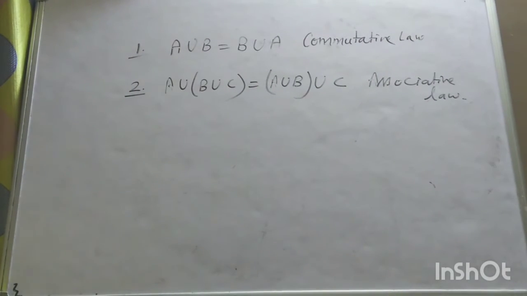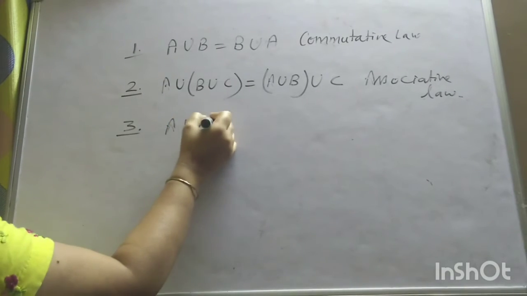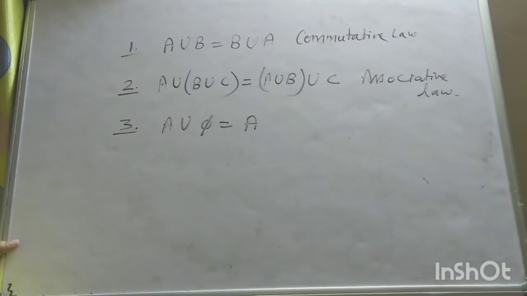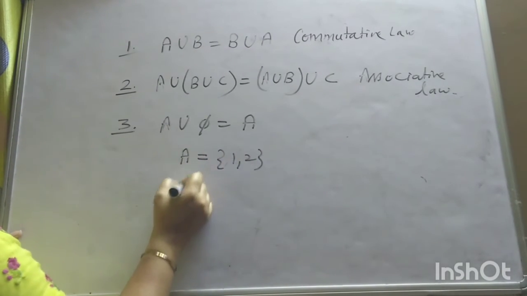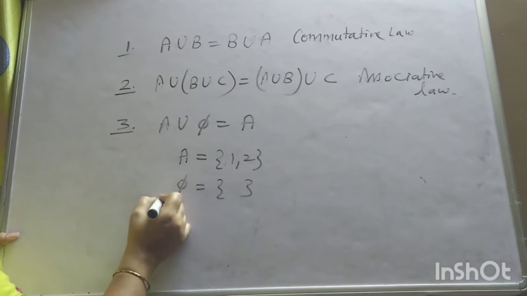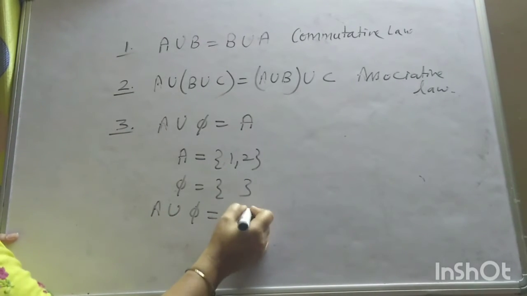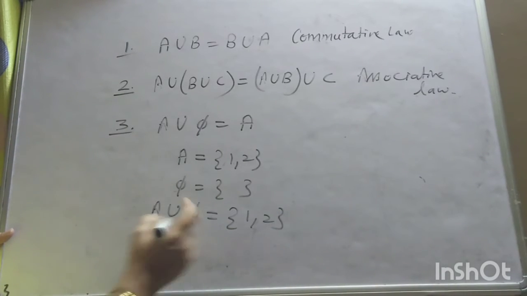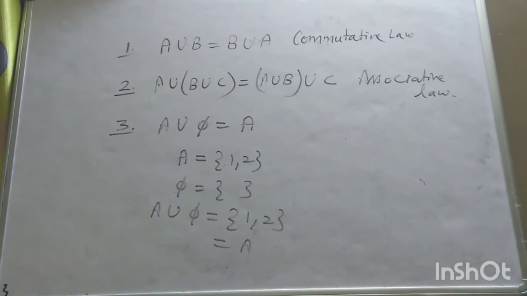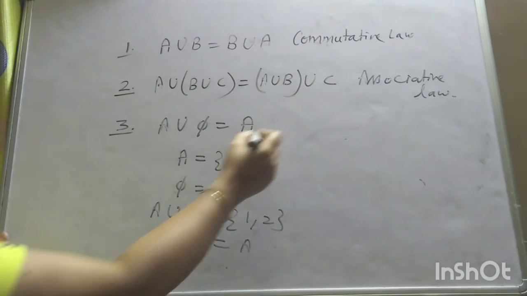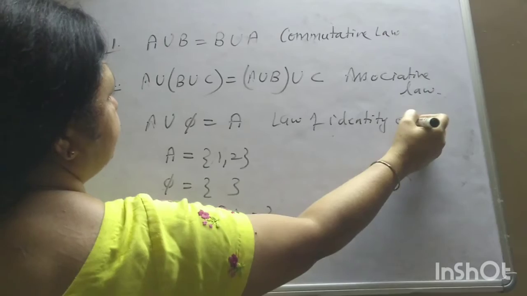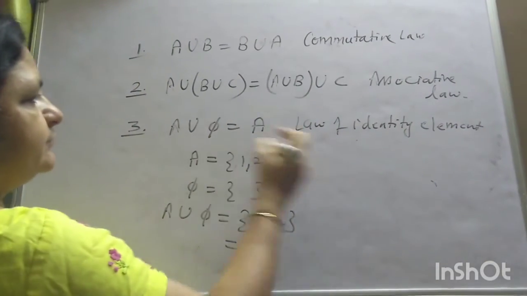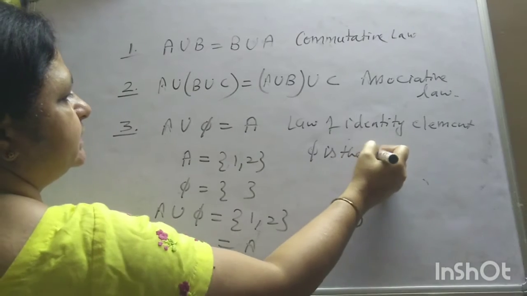Now, third property is A union phi is equal to A. If set A is 1, 2, phi means empty set, then A union phi is again 1, 2. So it means A. This is called law of identity element, and phi is the identity element.